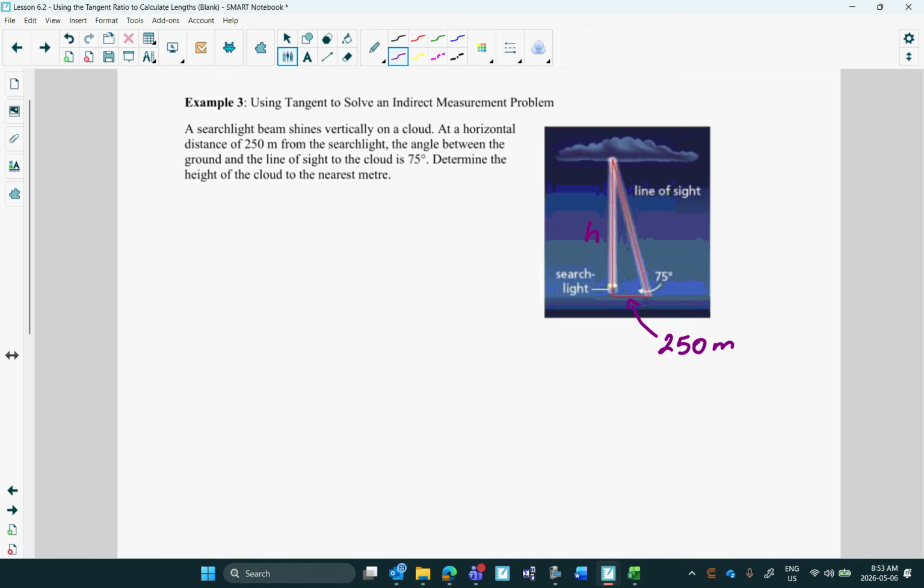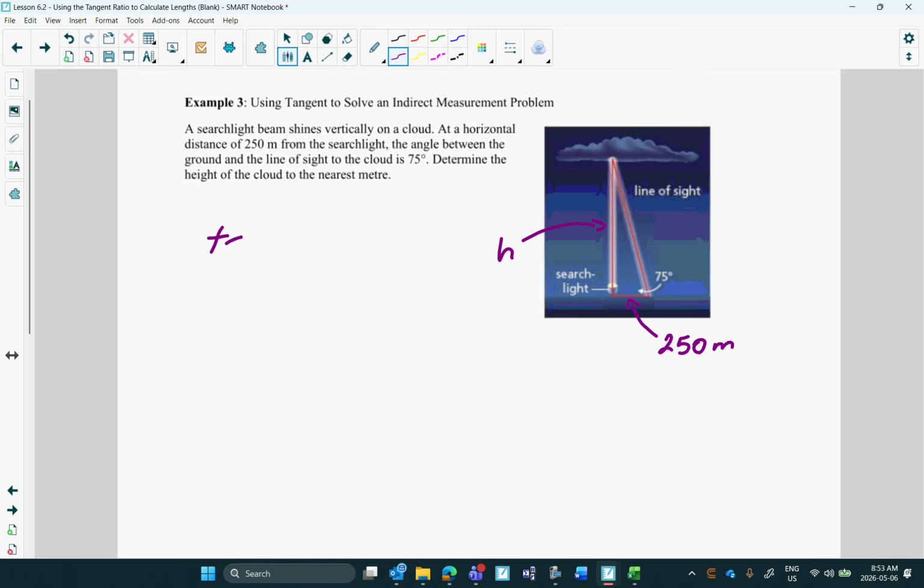Because this is, yeah, I'll draw it up here. Remember, height is always vertical. It's hard to measure somebody's height when they're standing at a slant. Okay? Can somebody set up what the trig equation looks like? Where do I start?